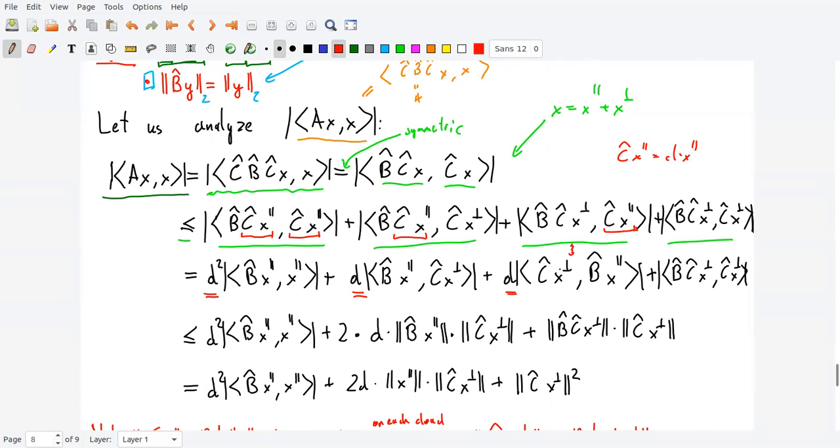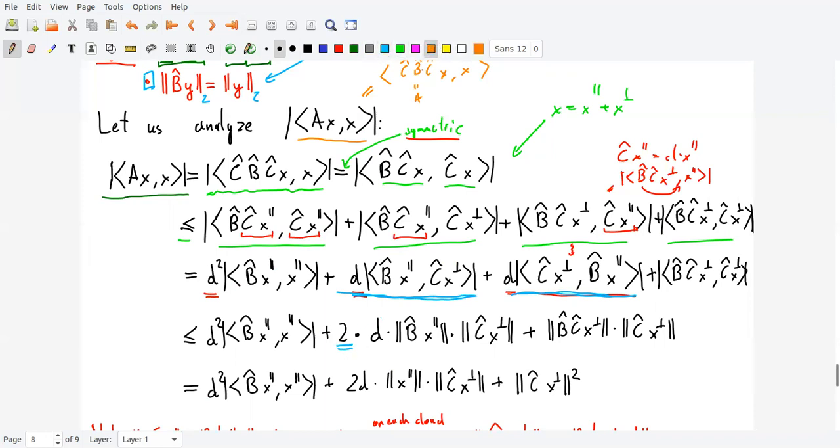Here I also made a small change: by this logic, this is equal to B hat, C hat, X perpendicular multiplied by X parallel. But again, using the symmetry of the matrices, I can move B hat to the other side of the scalar product. Not surprisingly, this element and this element are now exactly the same, so I can rewrite it as 2 times this thing.